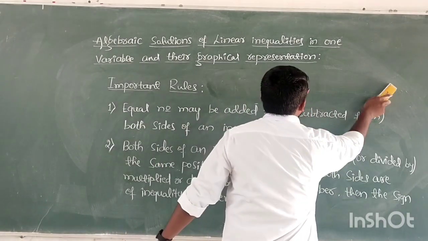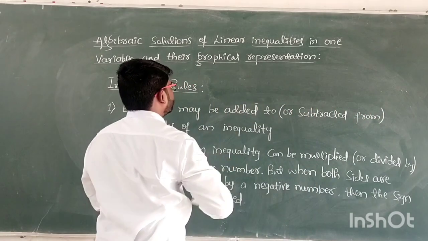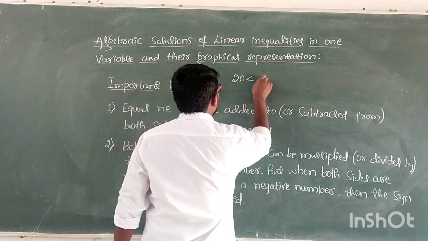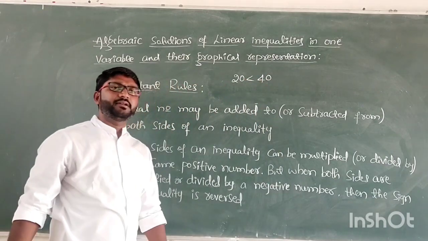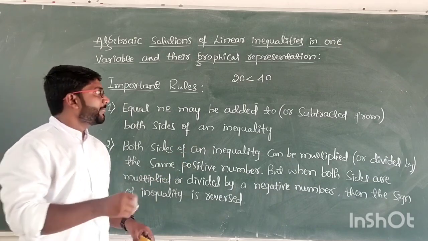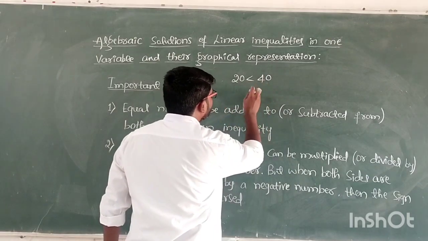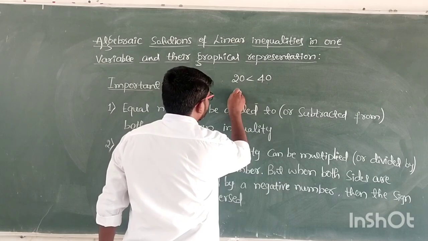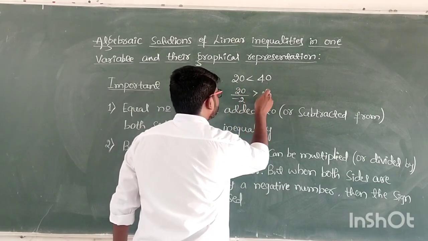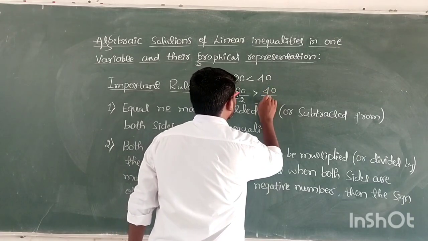And now let us divide by a negative number. 20 is less than 40. This is an inequality. Now divide by a negative number. So let us divide both the sides by minus 2. So 20 by minus 2 greater than 40 by minus 2.